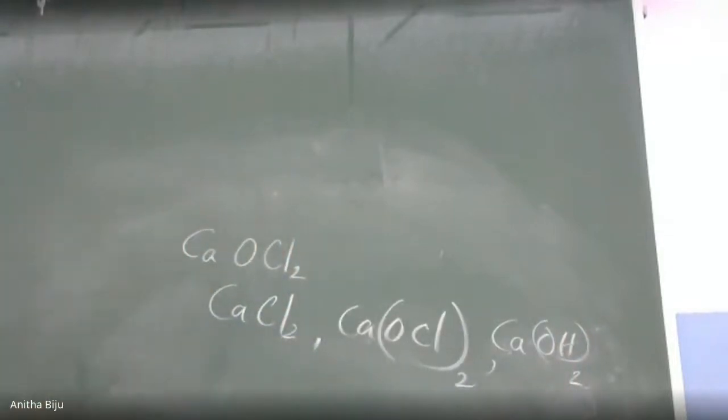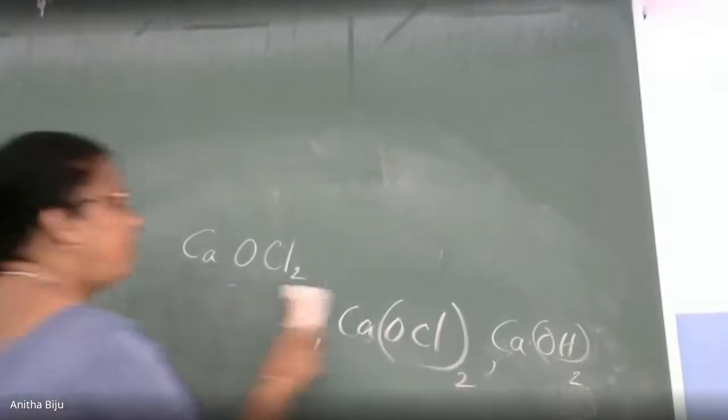So those many compounds are present in this mixture. That's why it is called bleaching powder. But in our course, we have to learn only this simple representation. This is more than sufficient.